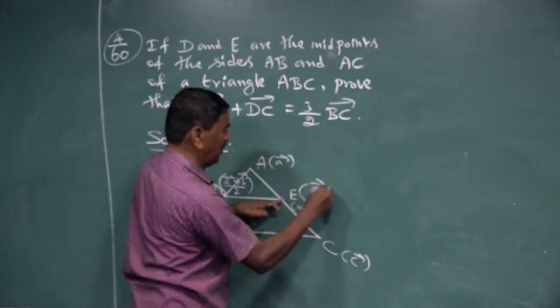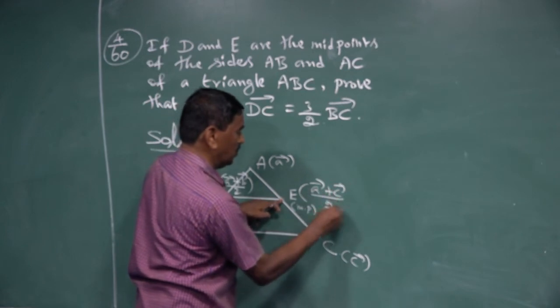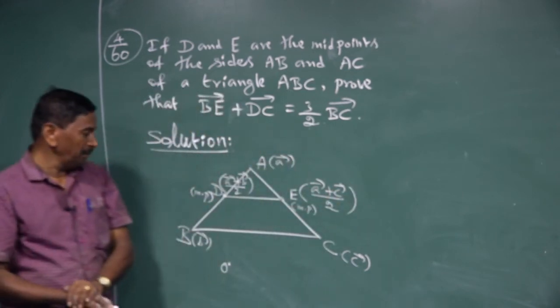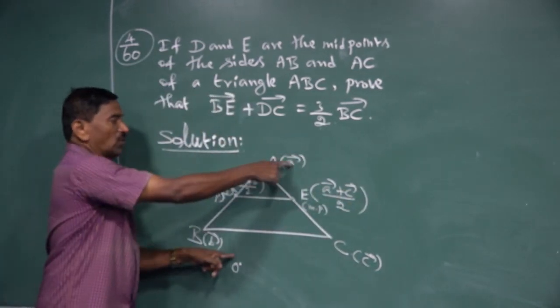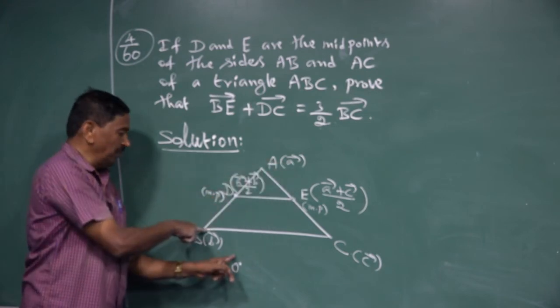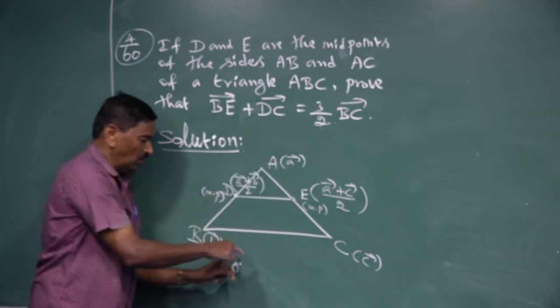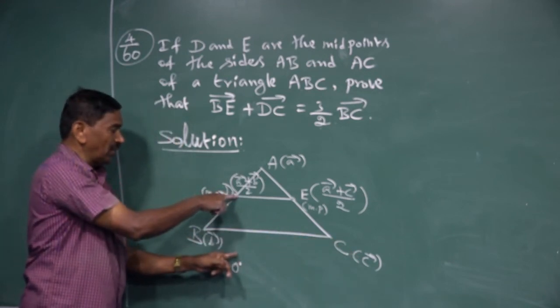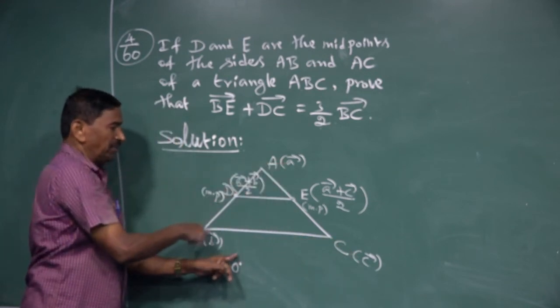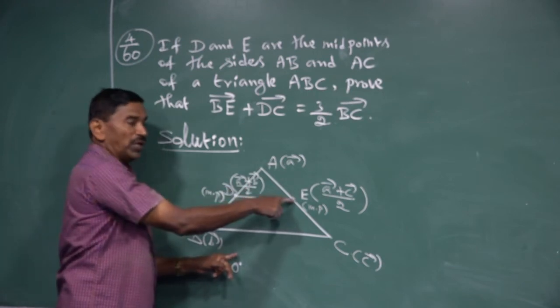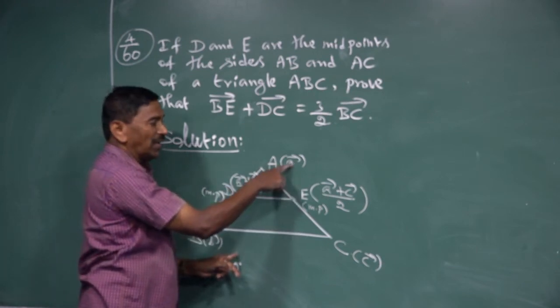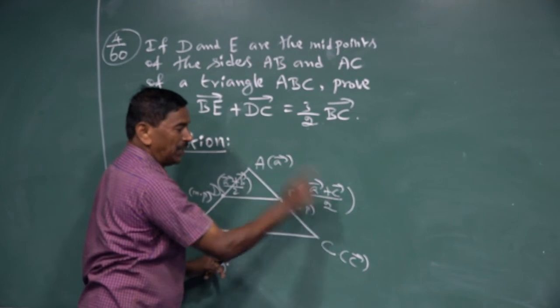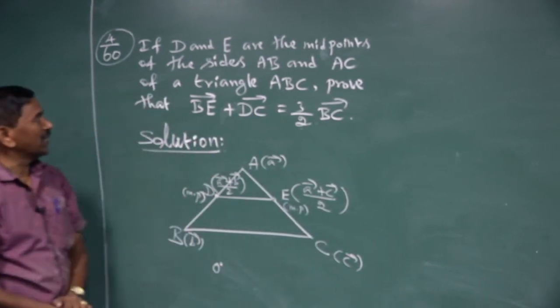So from the diagram, OA is a, OB is b, OC is c, OD is (a plus b) by 2, and OE is (a plus c) by 2. Initial preparation ready.